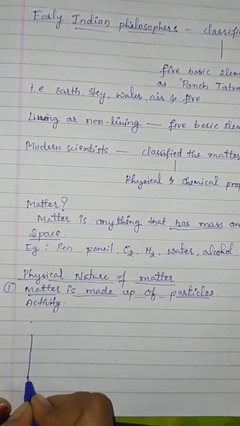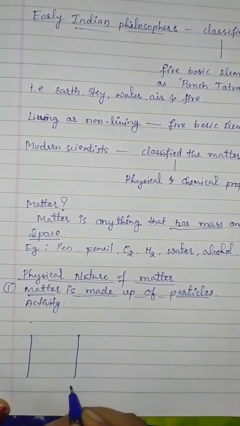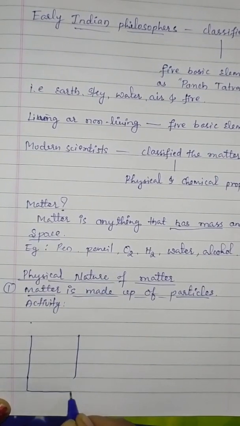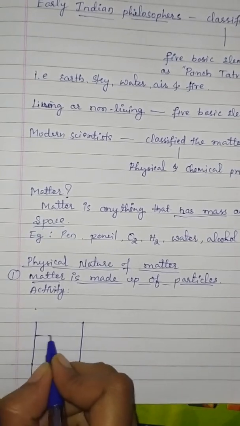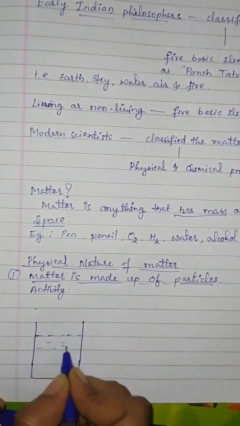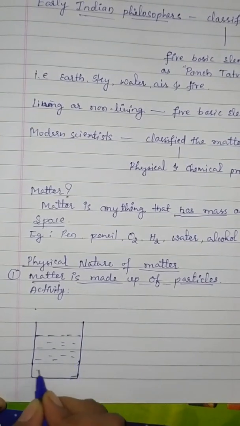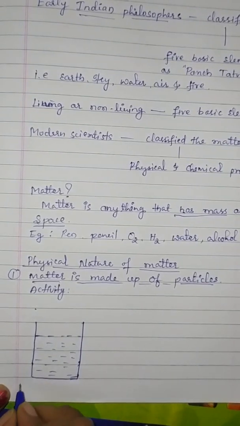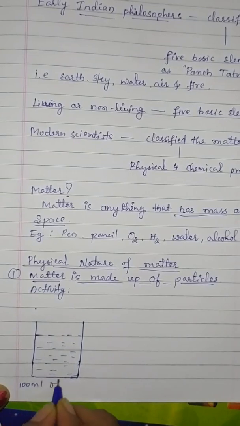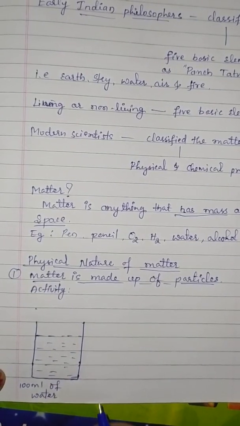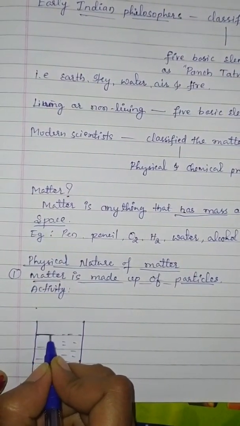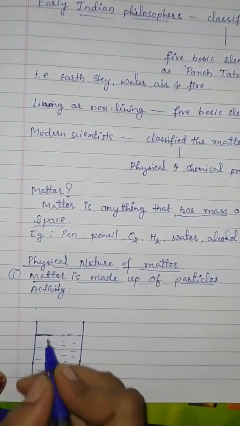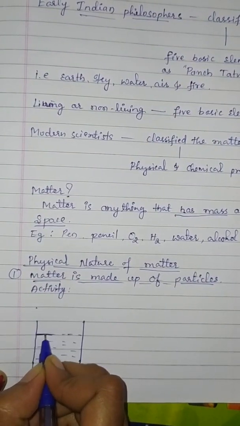I have taken a small beaker. And I will place 100 ml of water, and now I will mark the level of water inside the beaker. This is the level of water inside the beaker.